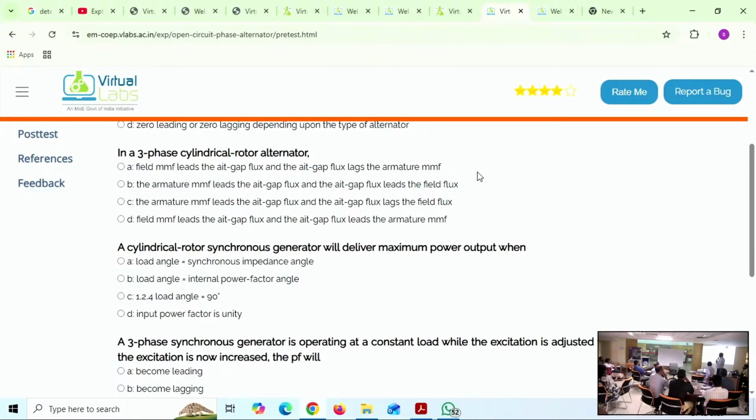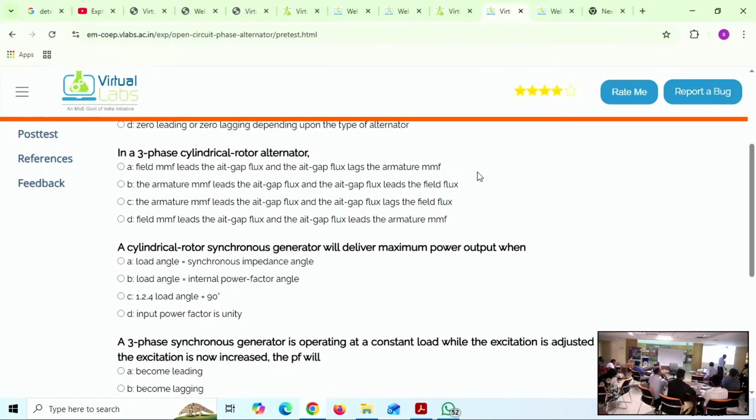Next, we have stator MMF and rotor MMF, and the resultant is the air gap flux. So the first conclusion: rotor MMF leads the resultant air gap flux. Next, when the resultant is behind the rotor MMF, how is the stator MMF?